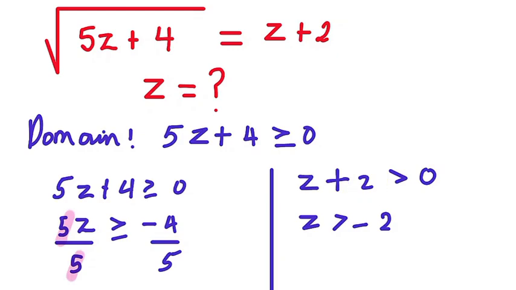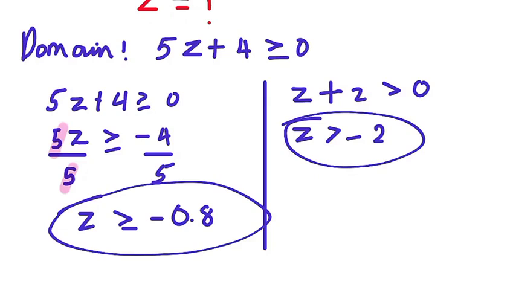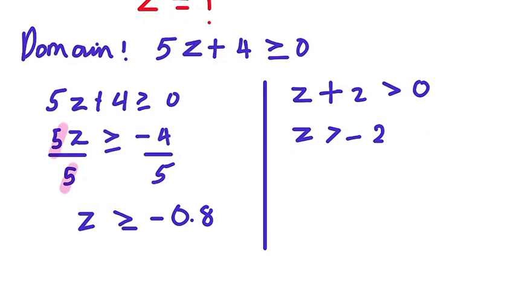Now when you look at these two, you see that one has countered the other, because minus 0.8 is greater than minus 2. So therefore, the domain we are going to be considering is z greater than or equal to minus 0.8. So we are going to discard this.